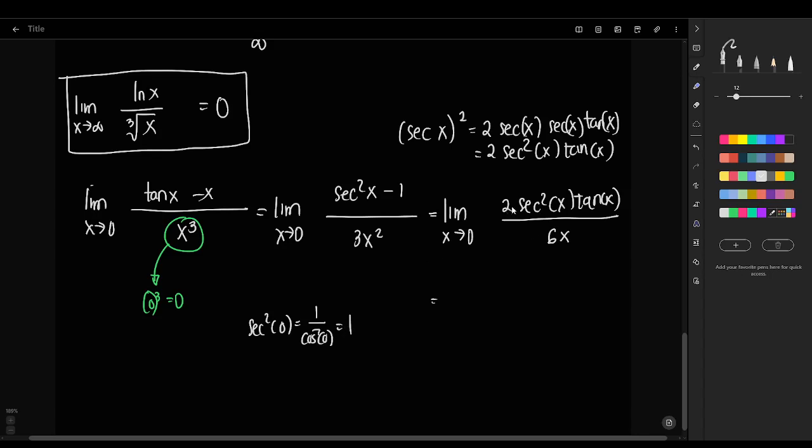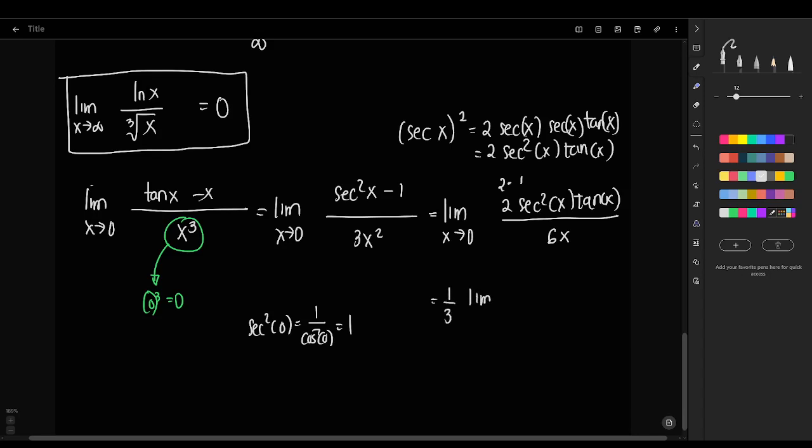So this is 2 times 1, which is equivalent to 2, divided by 6, that is 1/3. By the laws of limits, you could take that out. So that is 1/3, no?